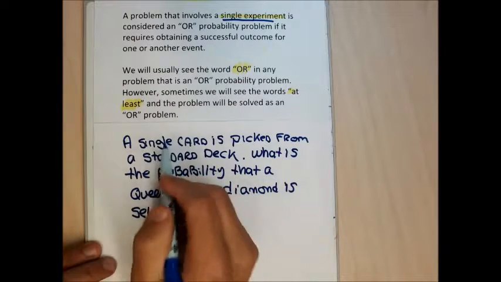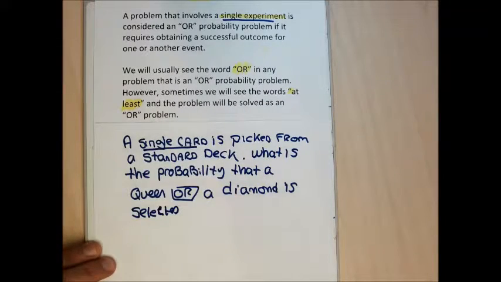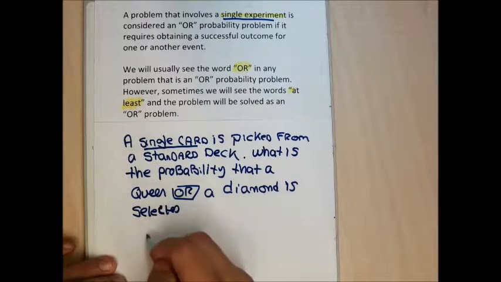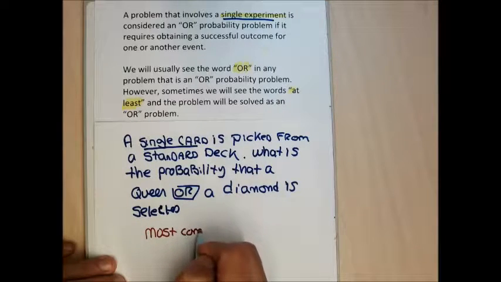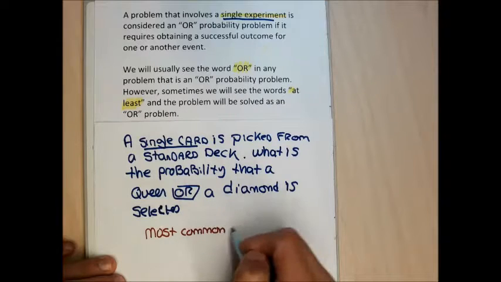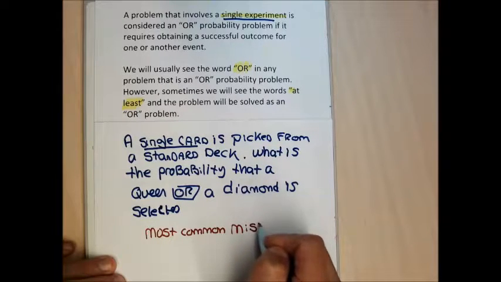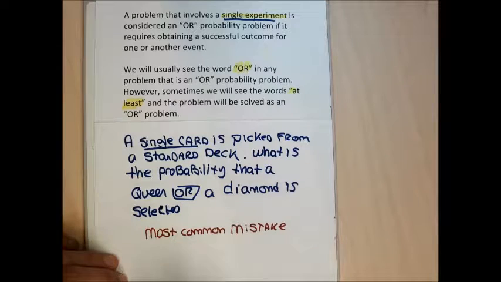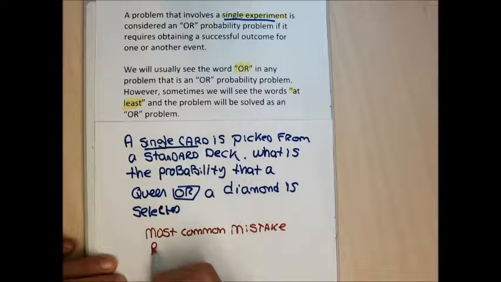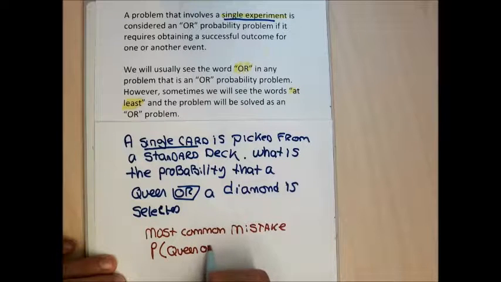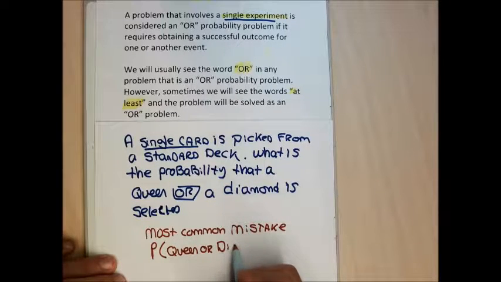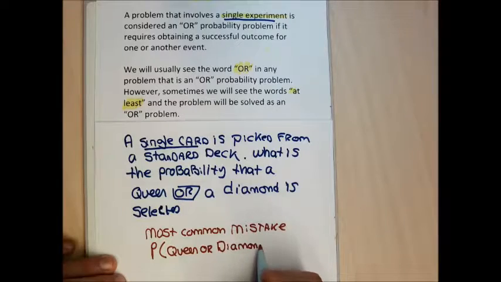It's a single experiment because I'm taking a single card from a deck of cards. It has the word OR in it. Let me show you the most common mistake. So what I'm trying to figure out is the probability that I get a queen or a diamond when I pick one card from a deck of cards.